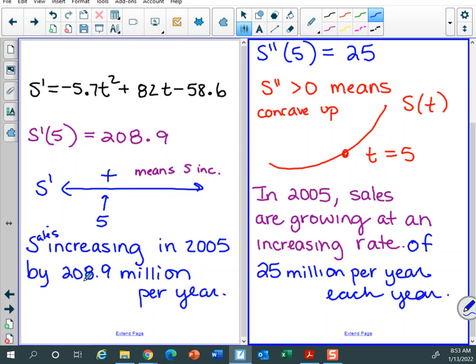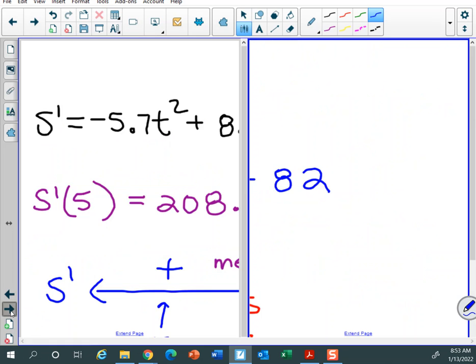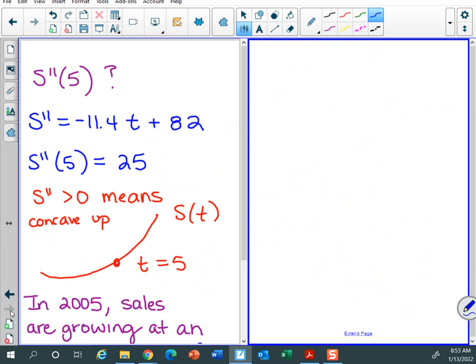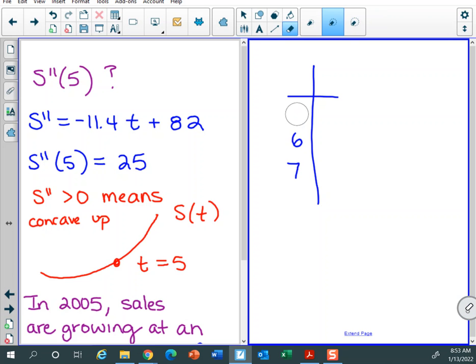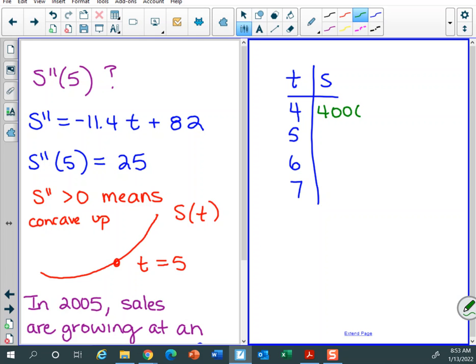So not only are my sales growing, but the amount that it's growing is growing. And if you're stuck on what I mean, look at sales. Let me throw a 5, 6, 7. So let's say this is T and these are sales. Let's say this was 4,000 in millions of dollars.